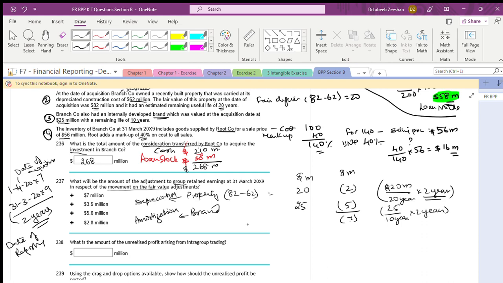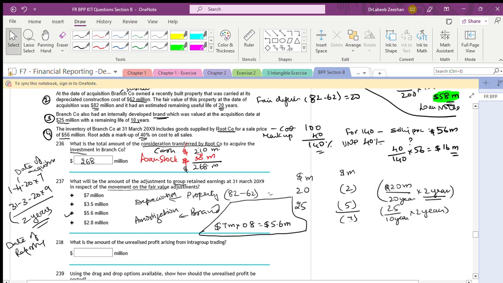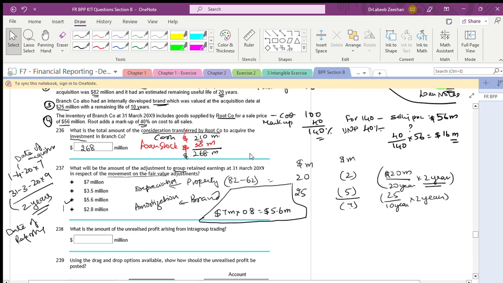Fine. Now, they say an adjustment is there. When you are doing the adjustment, it is 7 million. It is a group, so what is the share of the parent company? Share of the parent company is 80%. It comes to 5.6 million.